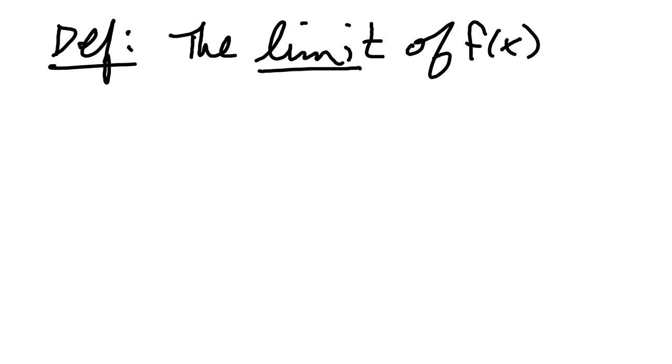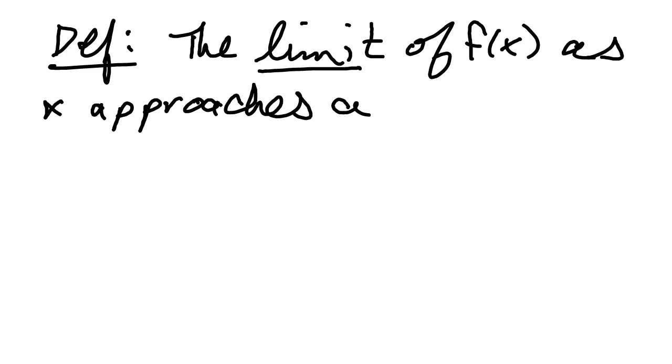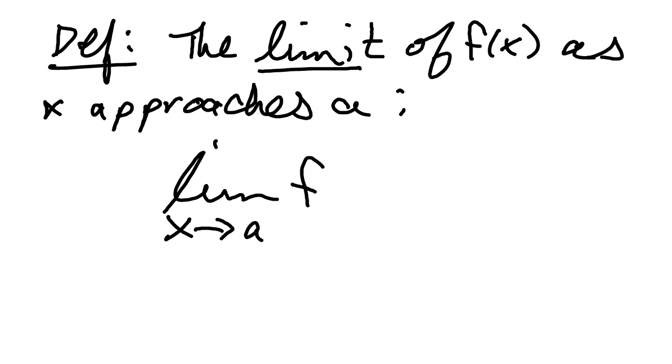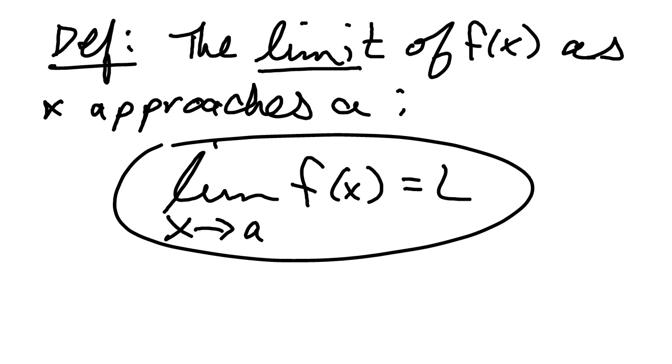The limit of f of x as x approaches a, and once again, that's the height you approach. It's not a definition, let's just look at notation. We're going to write this: the limit as x approaches a of f of x, if it exists, equals capital L. So that's the notation, not a definition. It's more notation on how we're going to write that.